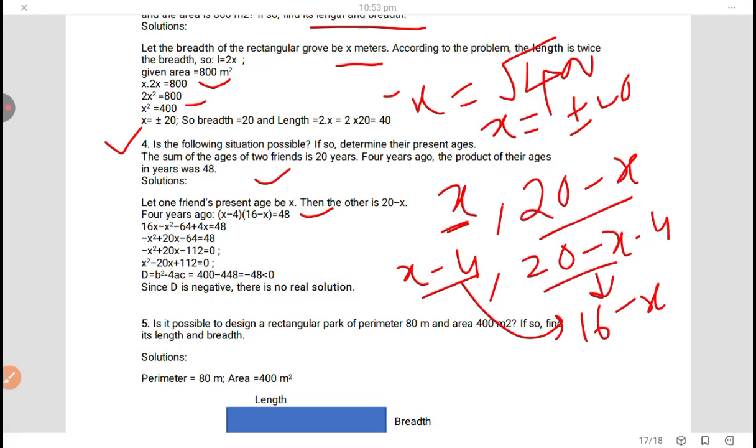So it is in the form of a quadratic equation. So simplify this. You will get x minus x square plus 20x minus 112. Then find the discriminant b square minus 4ac. So check whether it is a negative number or positive number or zero. If it is a negative number, there are no real solutions for this question.